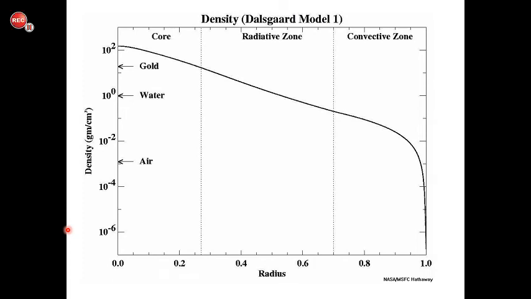Right, and here we can look at the density as you go inwards. Starting at the surface, it's very low density, and as you go inwards towards the core, you very quickly get higher and higher densities. Note this is a logarithmic scale, so the core is about 10 times denser than gold, roughly. About 100 times denser than water.